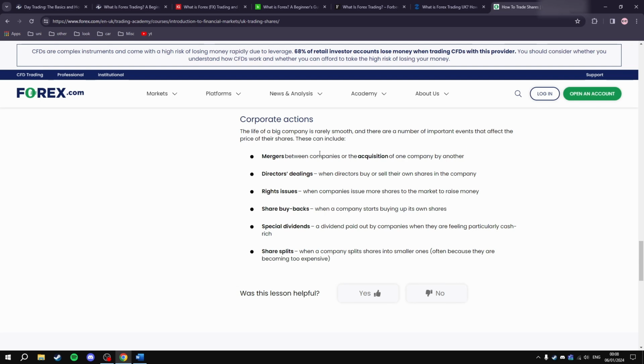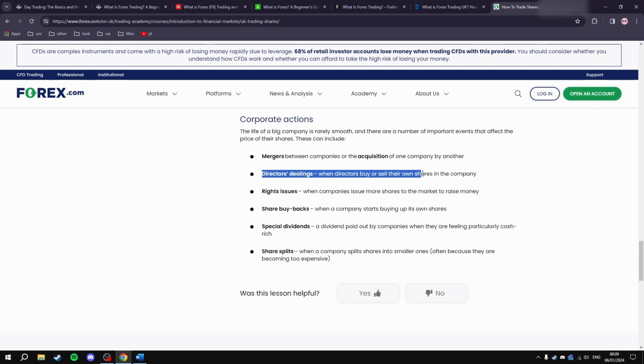If a company gets bigger, that would mean more supply. But would the demand stay the same or increase? If supply and demand both increase, the price is still going to increase. But if supply increases and demand stays the same, then the share price might go down.